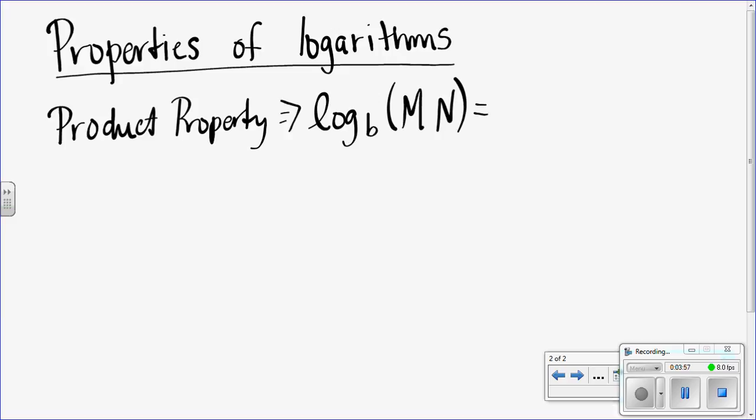Multiplication turns into addition. Log base b of m plus log base b of n. I'm going to tell you, these properties are useful when you are trying to manipulate and change up logarithms.